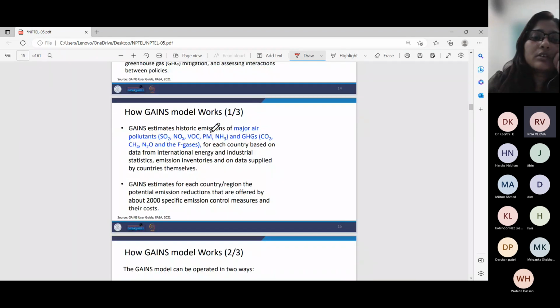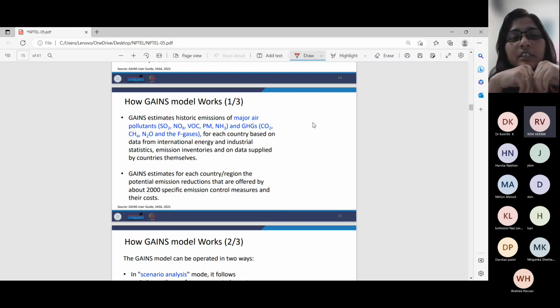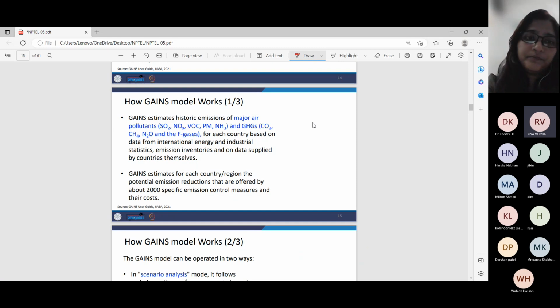So how does this model work? Basically, this model estimates the historic emissions of major air pollutants: sulfur dioxide, NOx, VOC, particulate matter, ammonia, and greenhouse gases, that is CO2, methane, and fluorinated gases. For each country, based on data from international energy and industrial statistics, emission inventories, and on data supplied by countries themselves.